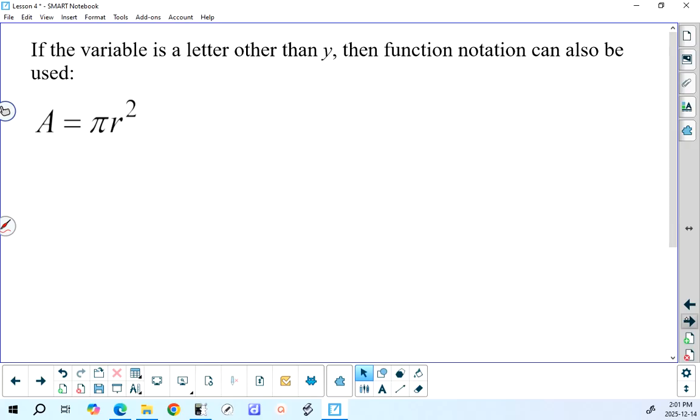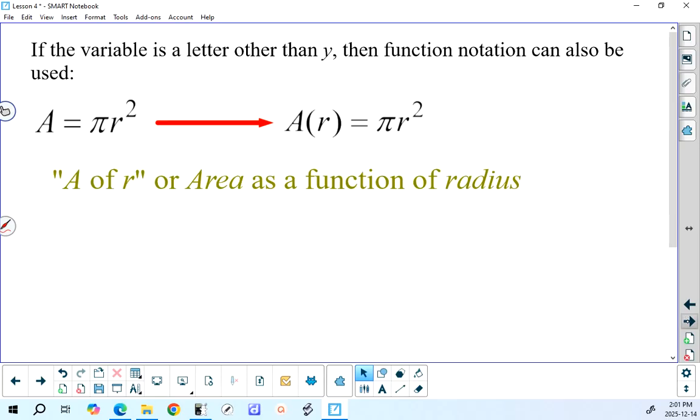It simply means the area is some measurement that's determined by the radius. It's a function of it. And for that reason, we could write it that way. These two things mean the exact same thing, but the one on the right is read as area as a function of radius. A of r is equal to pi r squared.